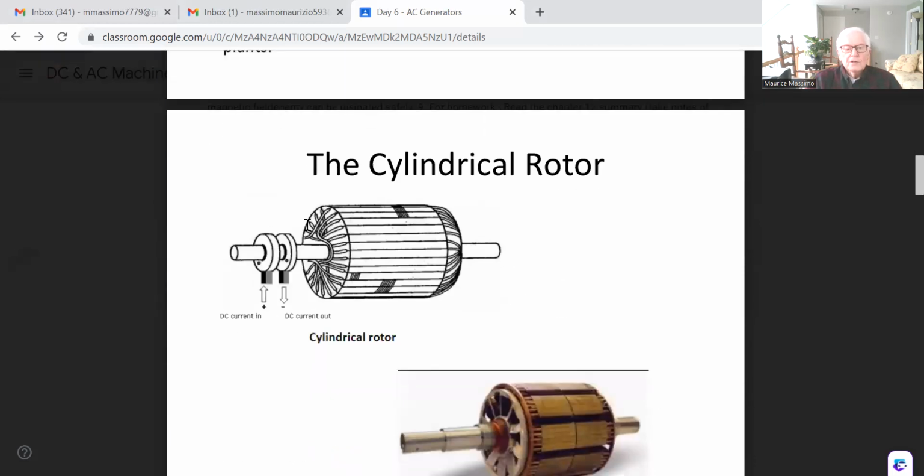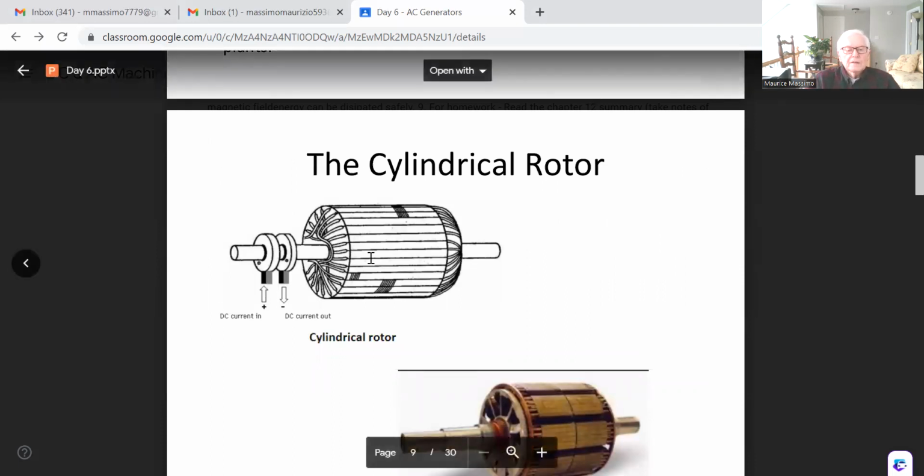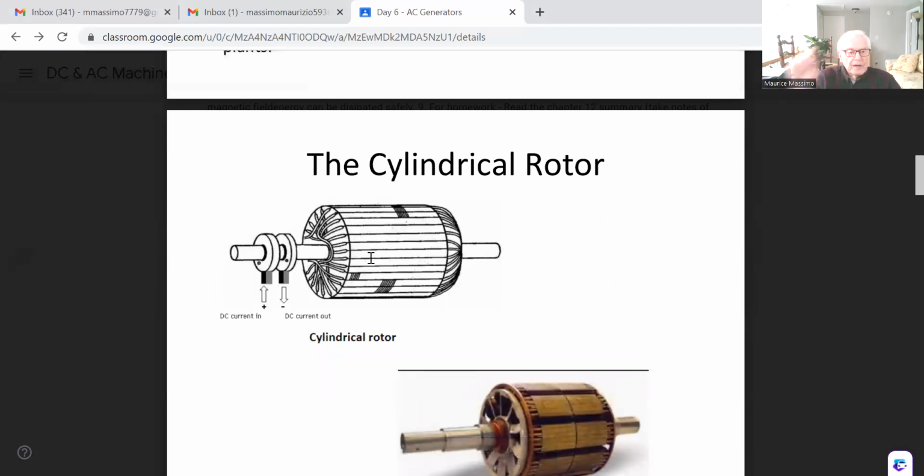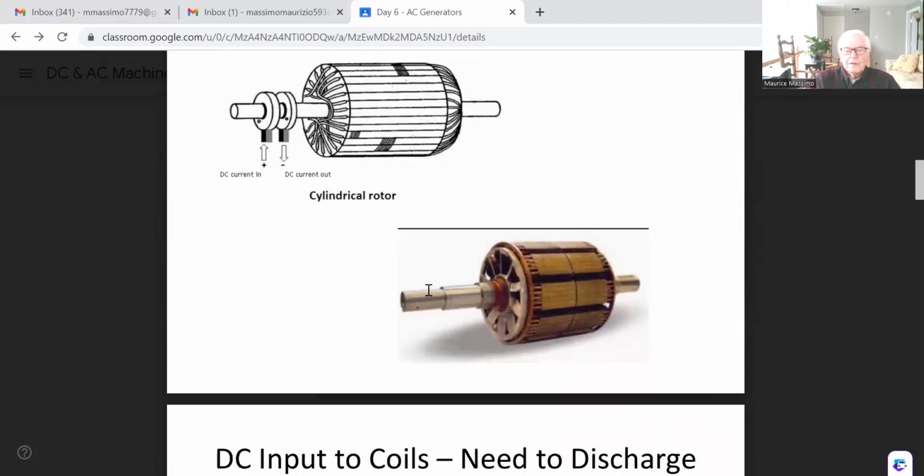Here's what the cylindrical rotor looks like. It looks just like a rotor with a lot of coils inside it that are being supplied some DC current to magnetize it, okay, to magnetize that rotor. And that rotor, as you can see, is smaller in length, but still has a considerably good diameter.